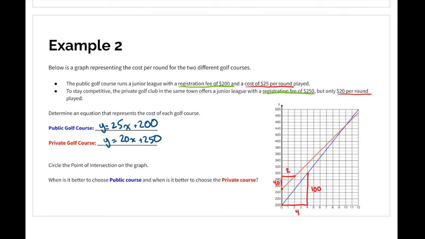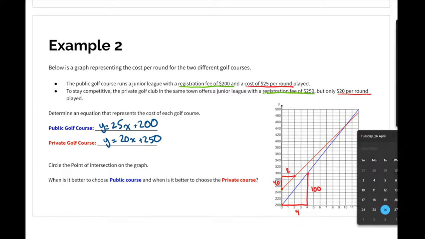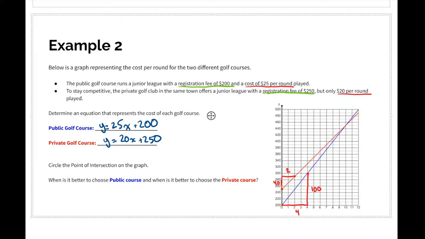But right now our question is asking us to circle the point of intersection on the graph. Again, the point of intersection is where the lines meet. We can see that there. We can put a dot there. And then we can get the coordinates of this point. So again, remember, coordinates come in an x and a y.